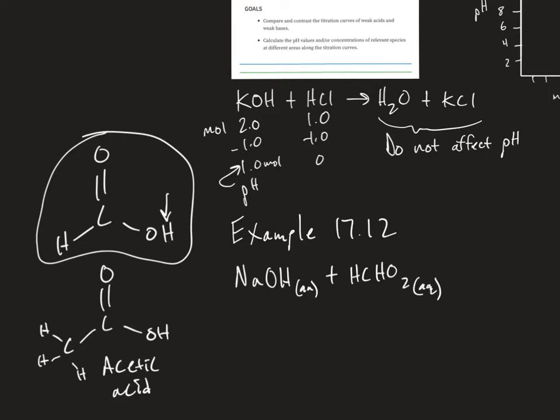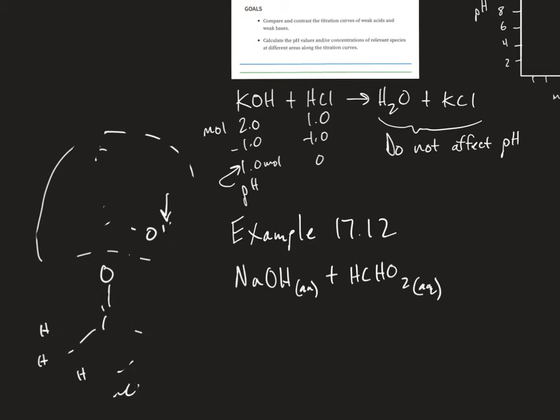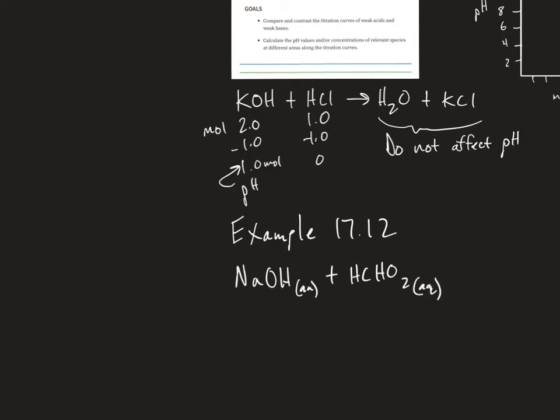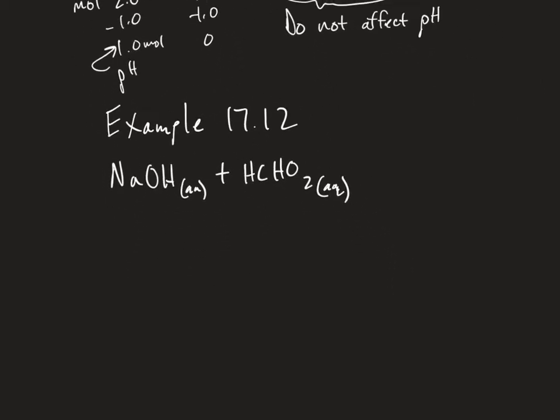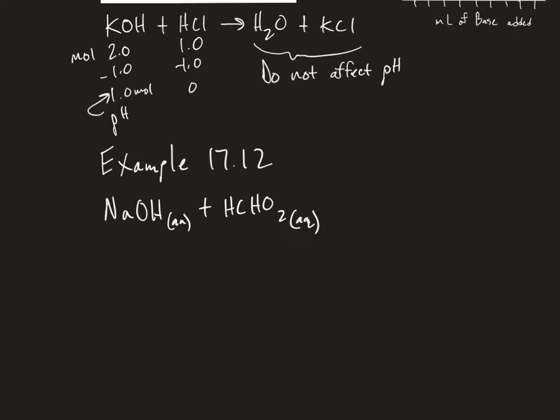Let me get rid of all this stuff for a second. We don't really need to have this here. Want a little more room. There we go. So let's look at that equation over there. If these two react together, what are our products? Well, we're going to get water, as these OHs and Hs react together.